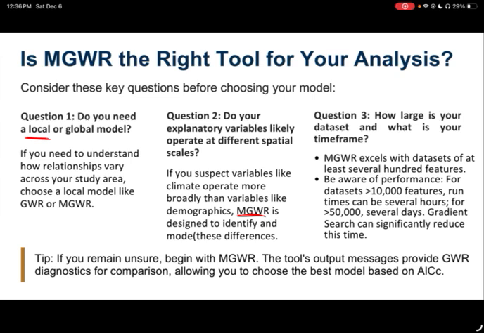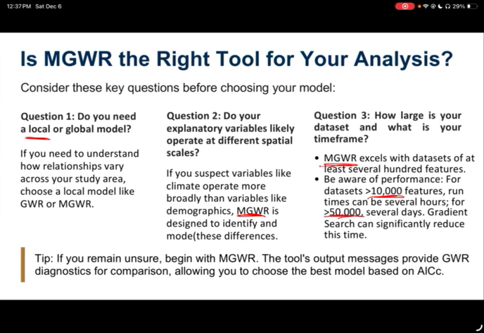And the third, you need to make sure how large your dataset is. If your dataset has hundreds to thousands of observations, for example, 1 to 2,000, I think you can use MGWR. But if you have more than 10,000 or up to hundreds of thousands, you need to remember MGWR needs very extensive computational time.